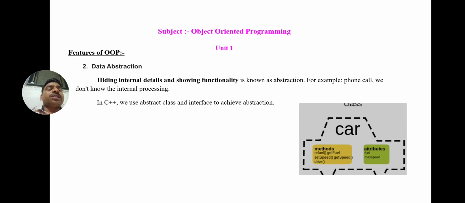Here you can observe the car class, and inside it different methods are there: fuel method, set speed method, get speed method, drive method, and different attributes like fuel and max speed. But you can hide the particular car details and only the features you can observe.